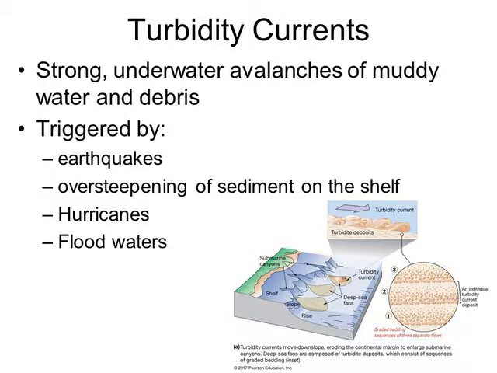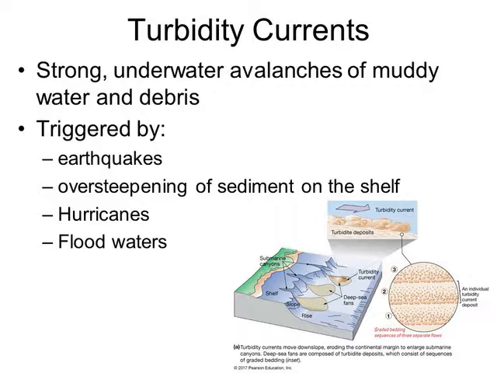So turbidity currents are very strong underwater avalanches, and they carry any sort of muddy debris or material from the continental shelf down to the abyssal plain. They have to be triggered by an event. They don't just happen spontaneously. So much like avalanches that we see on land, these ones are triggered by earthquakes, oversteepening of the sediment on the shelf, hurricanes, or floodwaters.